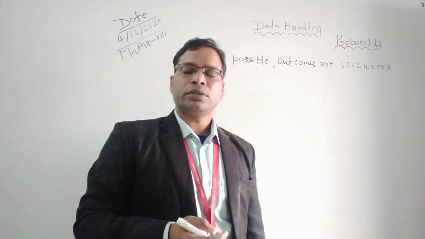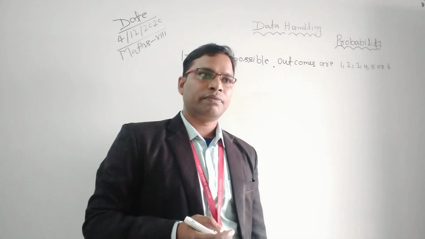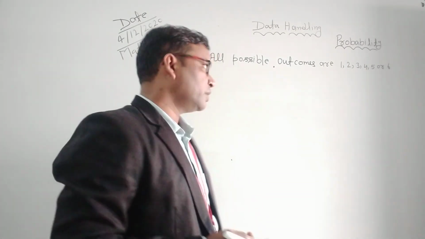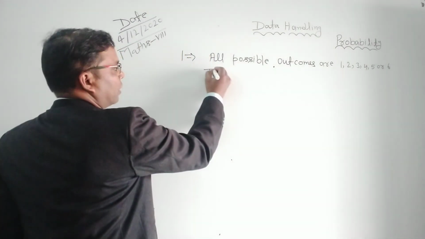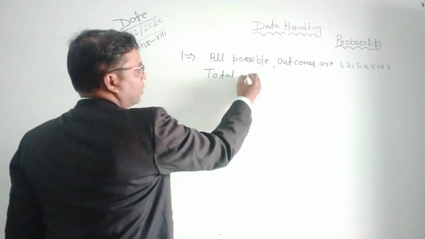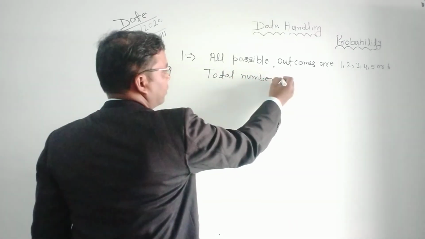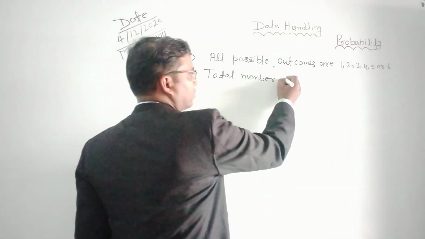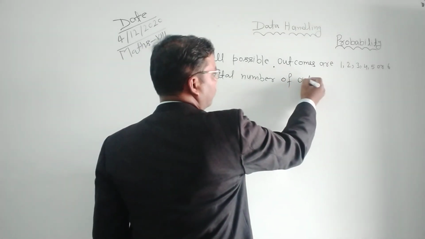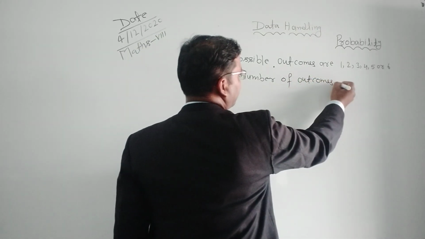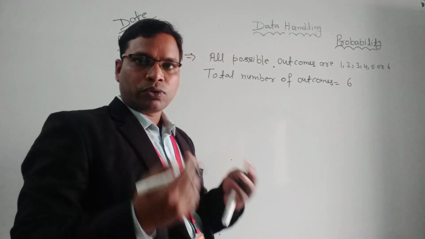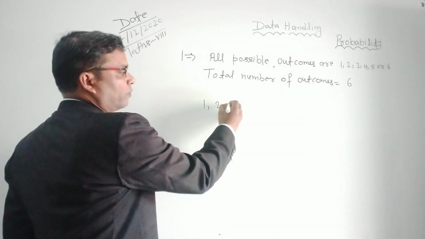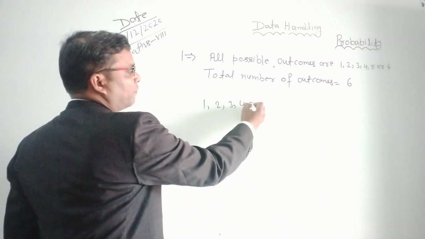Okay, so in this way you find the total number of outcomes. We write here the total number of outcomes is equal to 6, because when you roll a dice, it may be 1, 2, 3, 4, 5, 6.